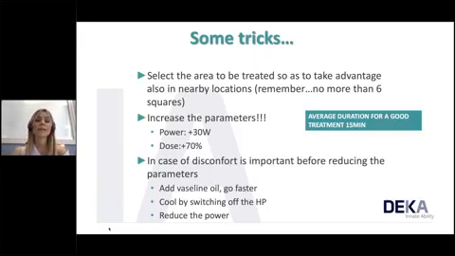The parameters that you find in the protocol manuals are safe parameters. They are effective, but if we want to maximize the effectiveness of the treatment, we need to increase the power by 30 watts, the dose by 70 watts. And so we will have an average duration for a good treatment, which is around 15 minutes.